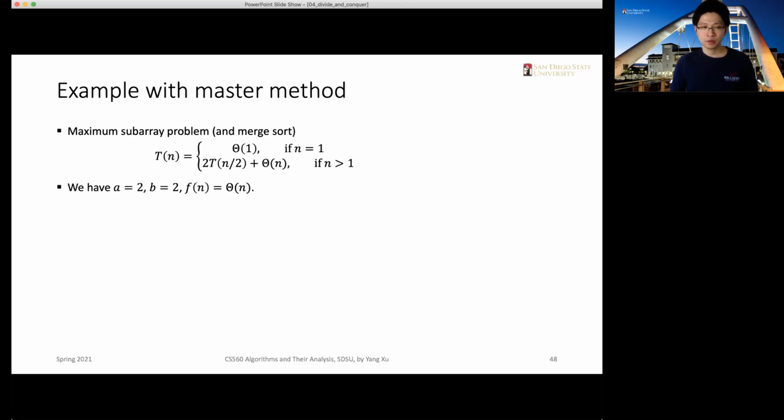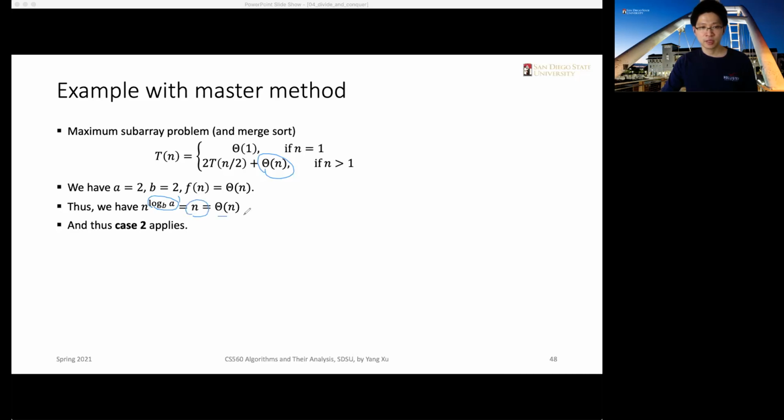We know the constant a equals 2, b also equals 2, and f of n here is a linear function. All we need to do is compute the quantity n to the power of logarithm base b of a. The logarithm base 2 of 2 is 1, so this polynomial function is a linear function.